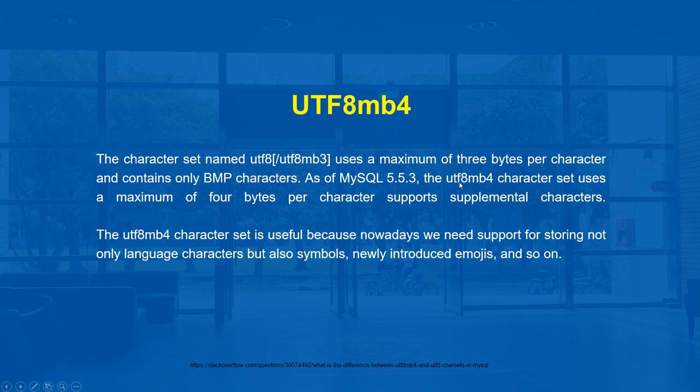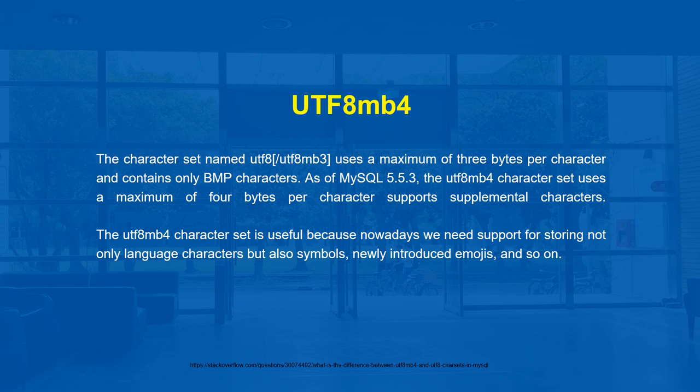But today, if you use UTF-8 MB4, that is 4 bytes. Because nowadays, we have more and more other things. We have more language char sets. For example, you will have some characters for emotions, because each computer creates so many emoji icons for users.